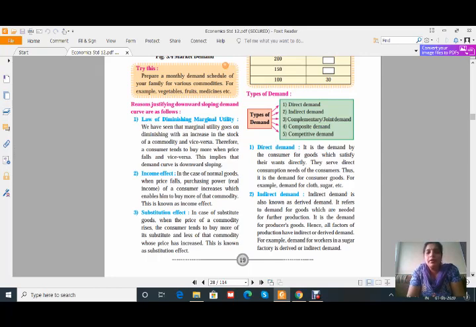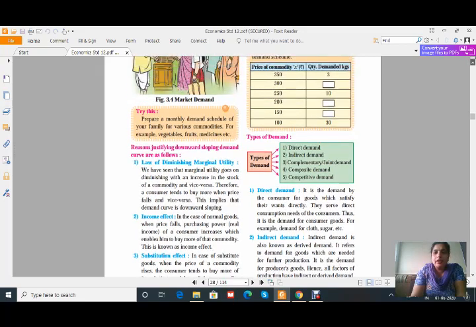If we can purchase Pepsi in a 10 rupees bottle, Coca-Cola is also 10 rupees. But if the price of Coca-Cola becomes 9 rupees, the consumer wants to purchase the 9 rupee bottle instead of Pepsi. This is known as substitution effect. I think because of that example, you are getting clear about that.